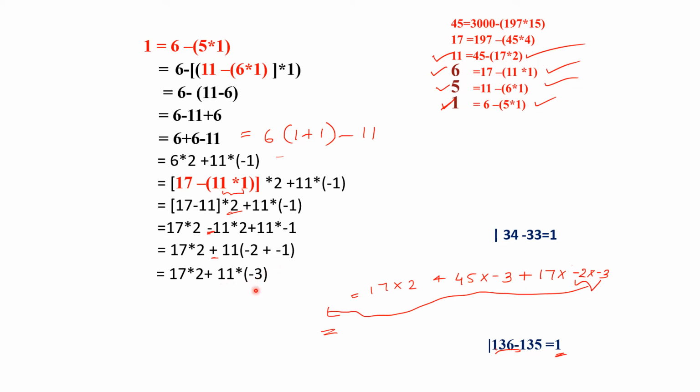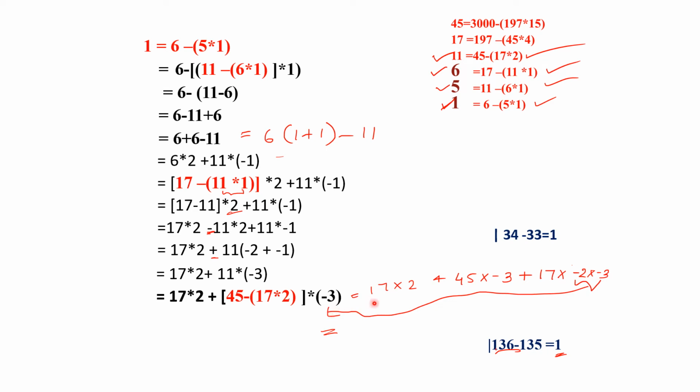Now what we are going to do is we give the substitution for 11. 11 is equal to 45 minus 17 into 2 into 3. So we give the expression for 11. So the expression will be like this: 17 into 2 plus 45 minus 17 into 2 into minus 3.